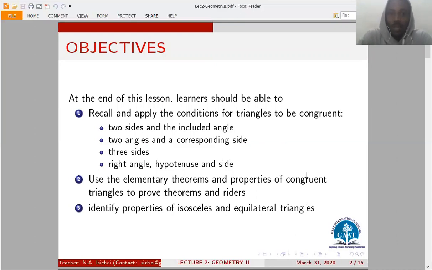That is, 2 sides and the included angle, 2 angles and a corresponding side, 3 sides, right angle, hypotenuse, and side. 2. Use the elementary theorems and properties of congruent triangles to prove theorems and riders. 3. Identify properties of isosceles and equilateral triangles.